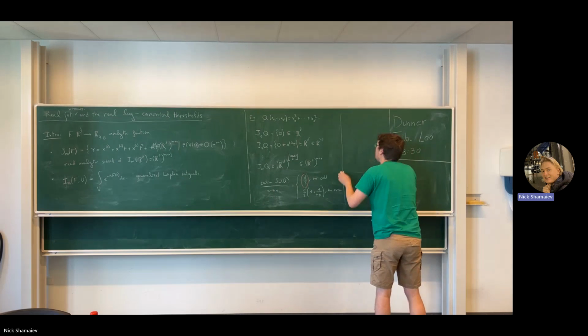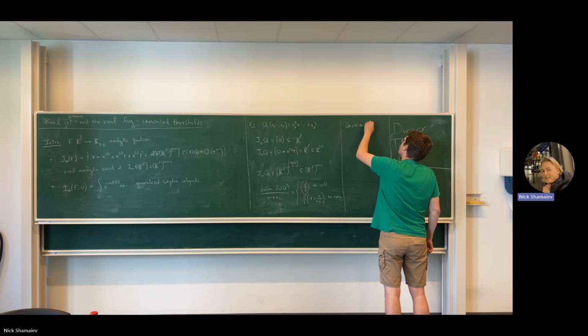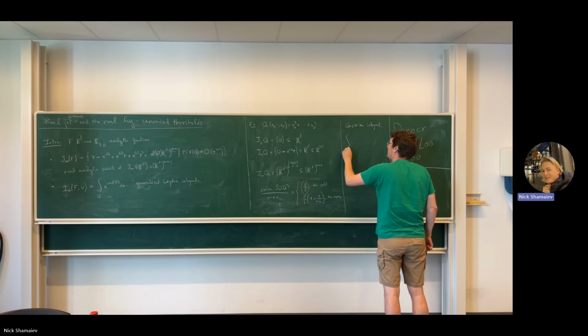Now let's look at the integral. This is an application of the Gaussian integral. In this case, I can even look at the integral over the whole of R^n. And by Fubini, this is just the d-th power of the one-dimensional integral.